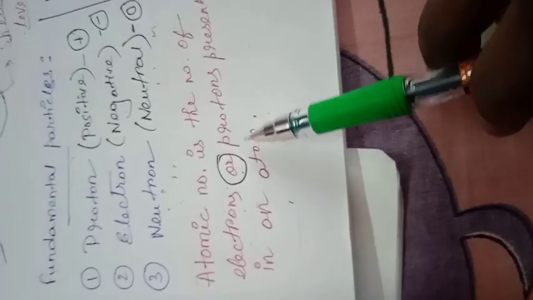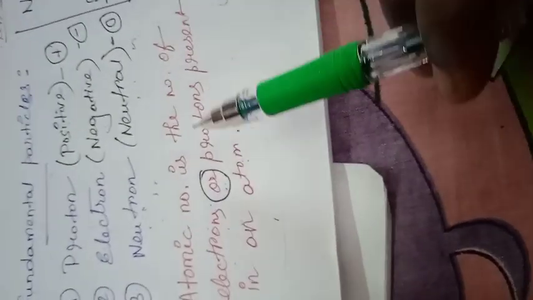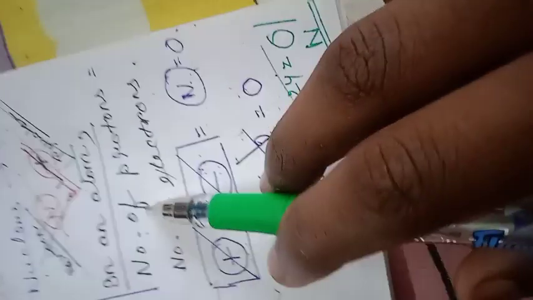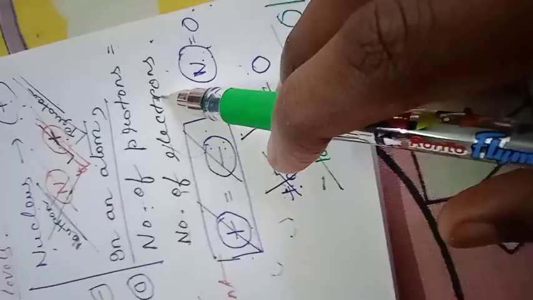Now, what is the atomic number? Atomic number is the number of electrons or protons present in an atom. When I'm writing or, we have to keep one thing in mind: what is the reason for writing or in place of and? Because the number of protons and electrons are the same.